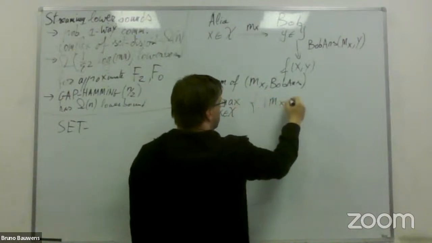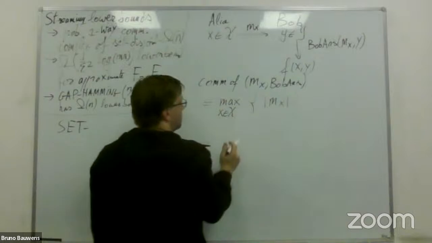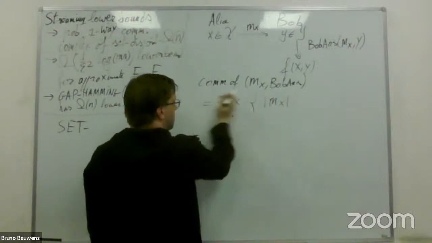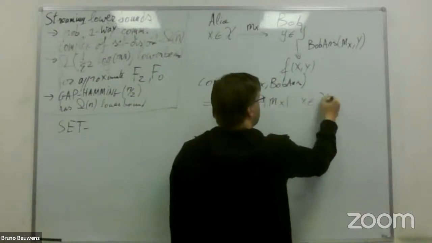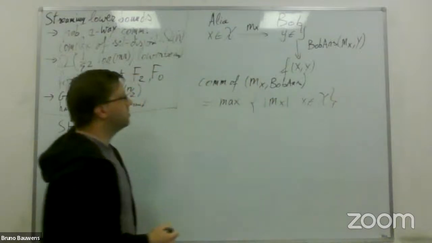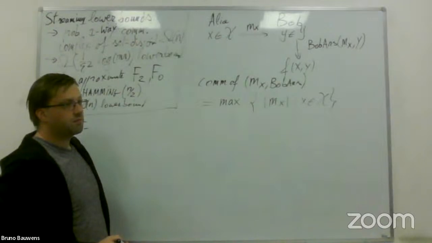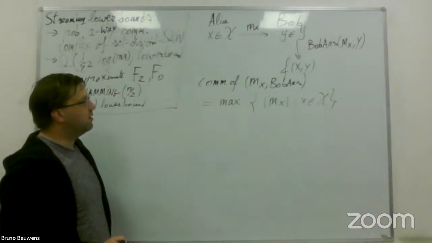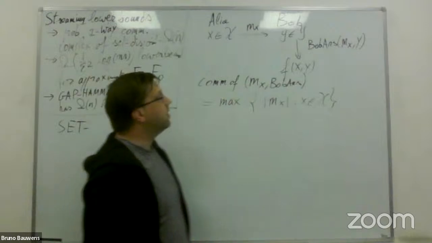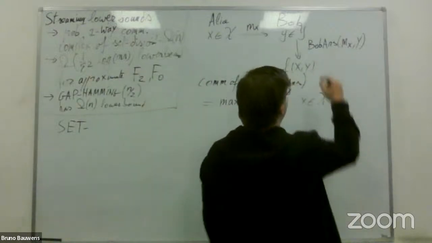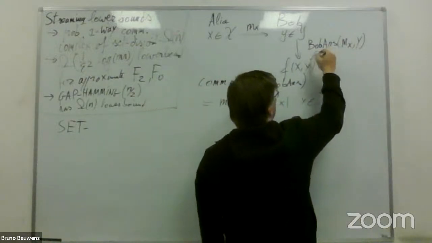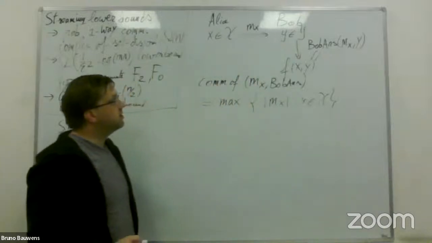It's just the maximal size. This is one-shot communication. Basically, Bob answer is just a function of xy. Bob answer needs to be equal to this thing. That's what we said last lecture.